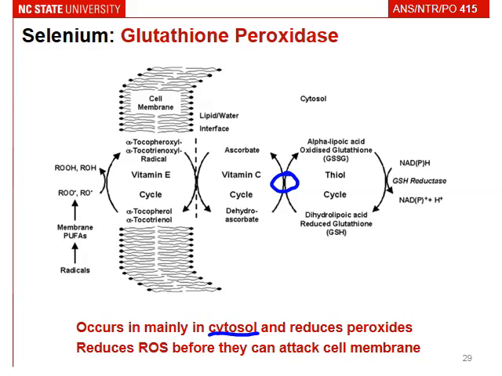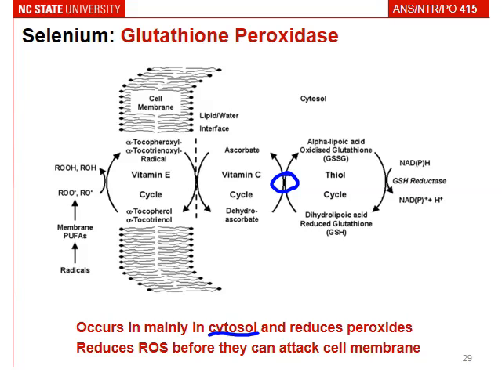So vitamin E is our first line of defense, preventing any external reactive oxygen species from getting into the cell, protecting the almighty DNA, because if we oxidize our DNA, we're going to be at a greater risk of cancer. And our glutathione peroxidase, or glutathione, is our secondary defense.